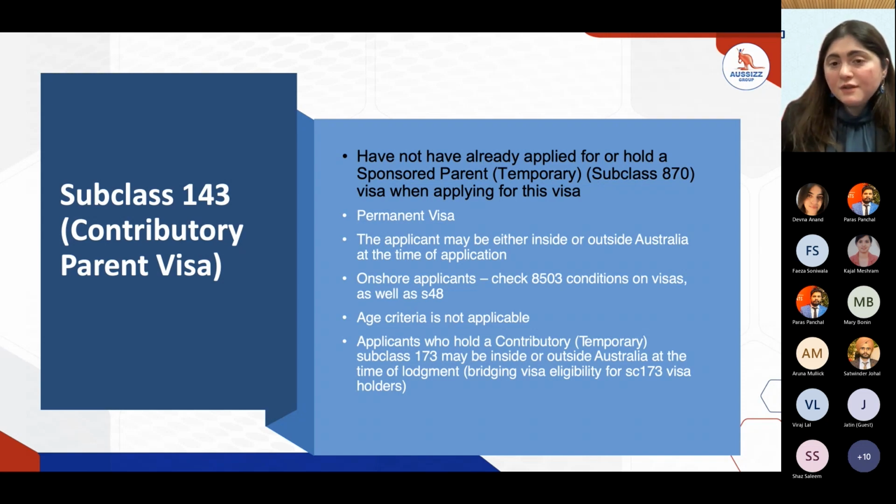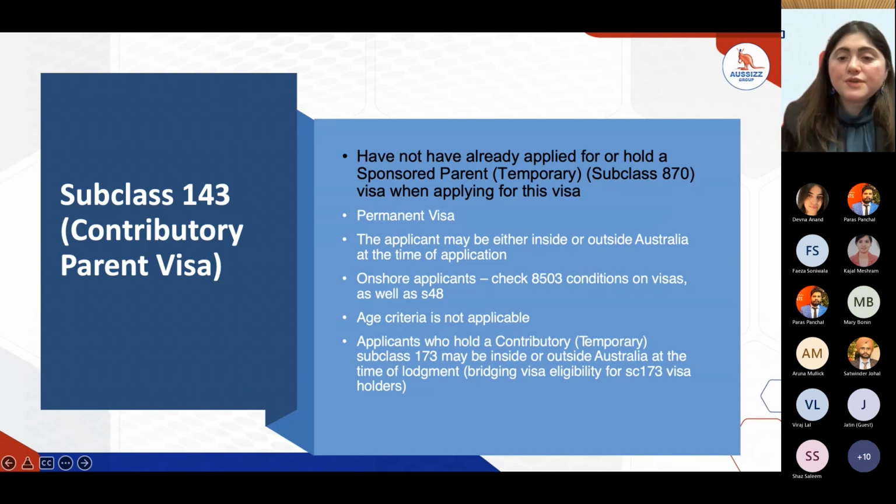There could be a reason they haven't mentioned for why they don't allow it, but I assume, with my experience, that it's because the 870 visa is for 5 to 10 years. I'll explain the requirements of the 870. That is why they introduced this visa. So if you're holding an 870 in Australia, you cannot apply. So you can apply for the parent visa first from outside, and then you can apply for the 870. The other way around, it's easier.